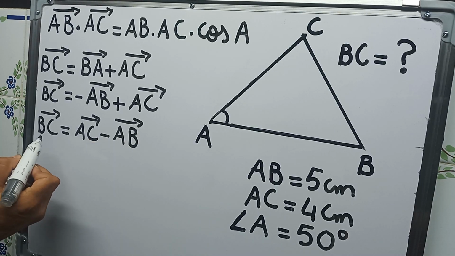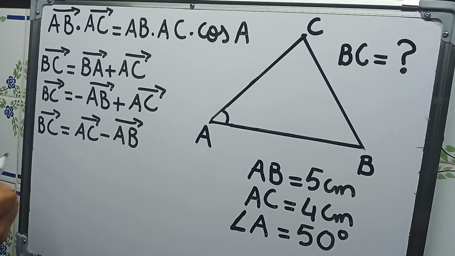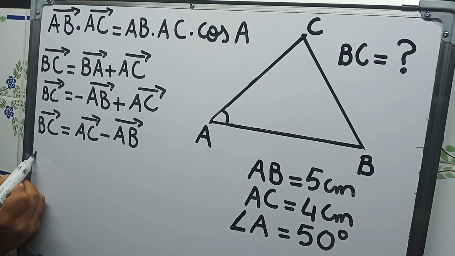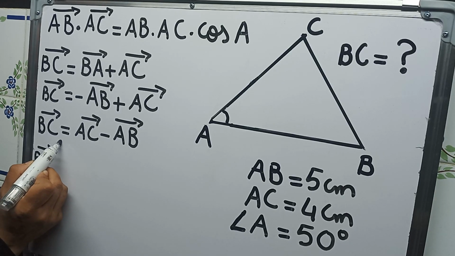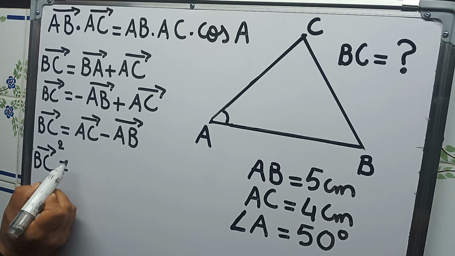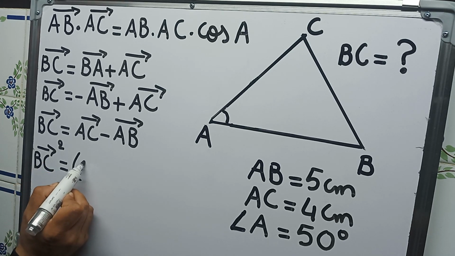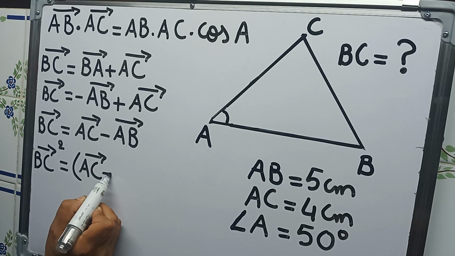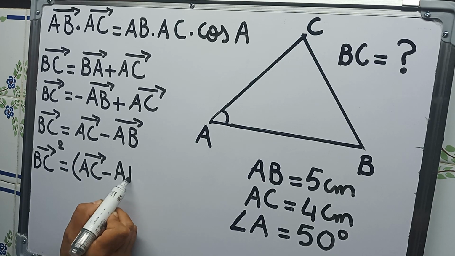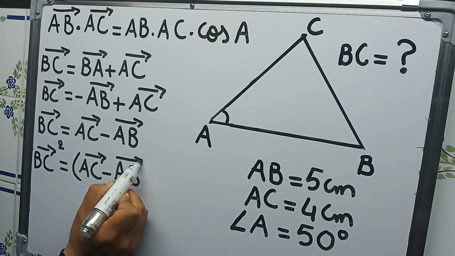Now, if we square both sides of this equality, we will have BC squared is equal to AC minus AB squared.